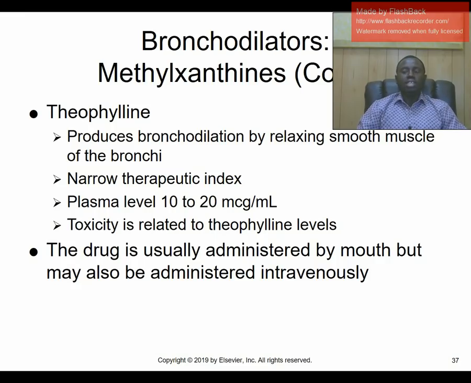If a drug has a narrow therapeutic index, then it means we will have to monitor closely because it can be toxic. So toxicity is related to increased theophylline levels that are greater than 25 or 20, depending on what system you are using. The drug is usually administered by mouth, but may also be administered by the IV route.